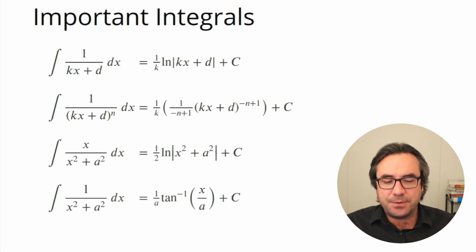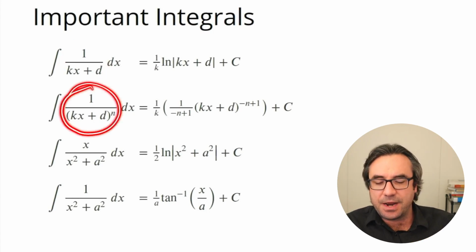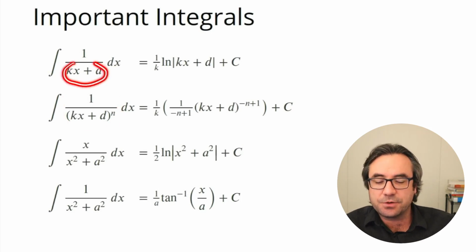So the first two that we see here are the fraction 1 over kx plus d, and the fraction 1 over kx plus d raised to the power n. These are partial fractions when we have a linear term.